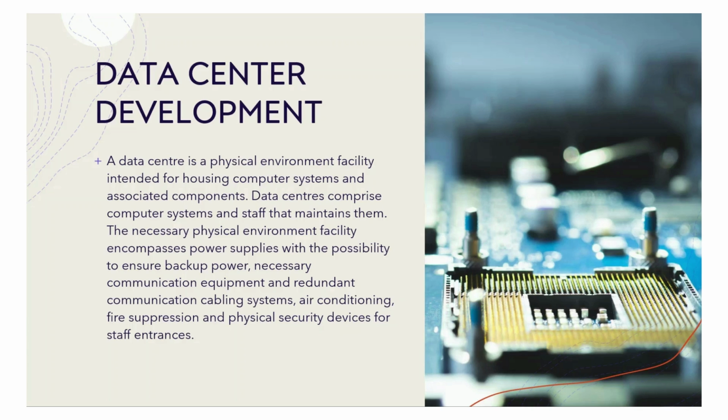So the necessary physical environment facility encompasses power supply with the possibility to ensure backup. When we have our gadgets set up, we need to power them up, and this power must be consistent. When there is a failure, there must be a backup to take over. So also we have some necessary communication equipment, like switches and routers, and all network communication is put in place in a data center.